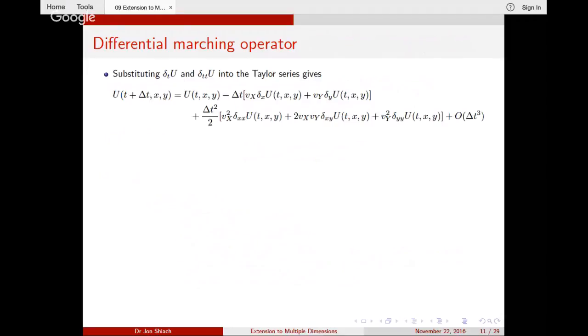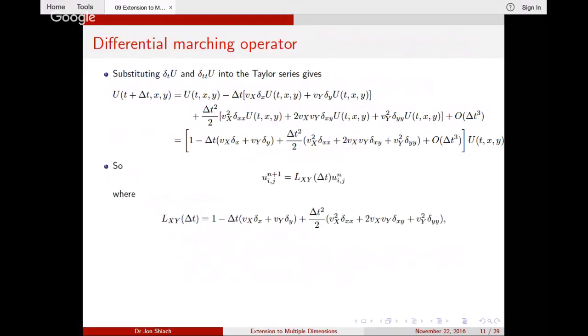That's delta t times the derivative with respect to t, is that one, plus delta t squared over 2 times the double derivative with respect to t, which is that thing which we just derived. Again, factorize out in terms of u. Everything in the square bracket is our marching operator, that's applied to that value of u.